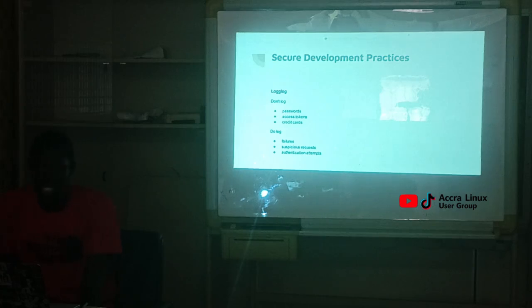If a human being can see it, and right now we have AI tools which are helping on that end. We can also log authentication attempts, which is what happens when you try to log in, you get something wrong, and it says that you can only log in 2 more times because it's keeping count of your failed login attempts. So these are some of the things that you should be logging.